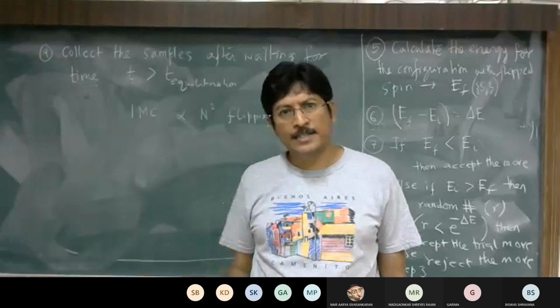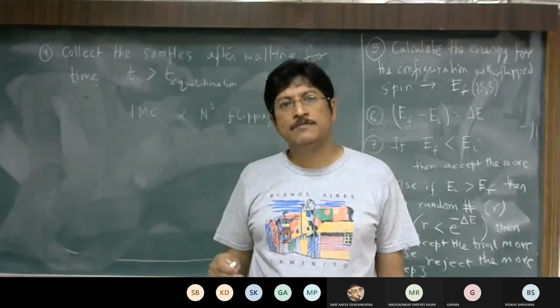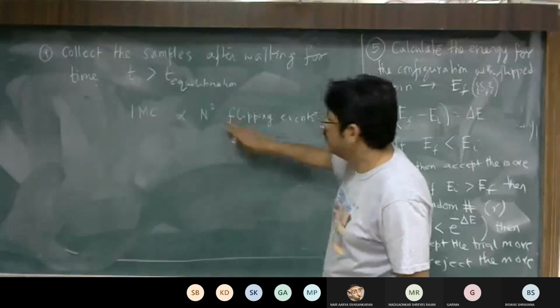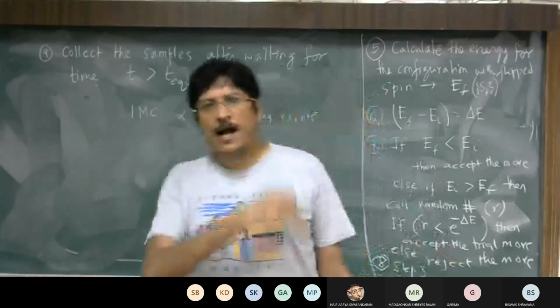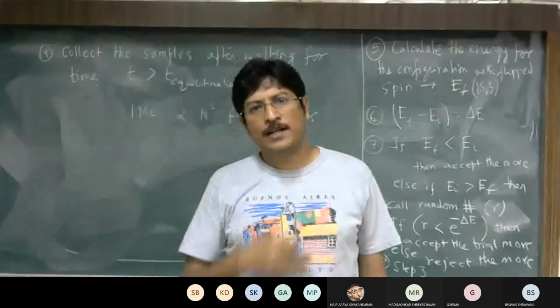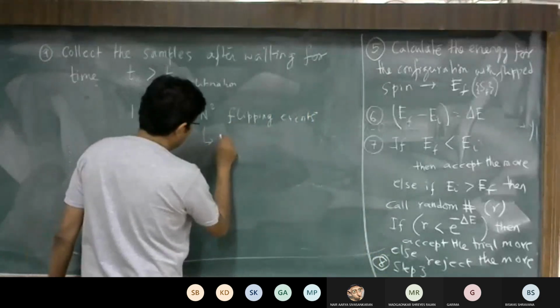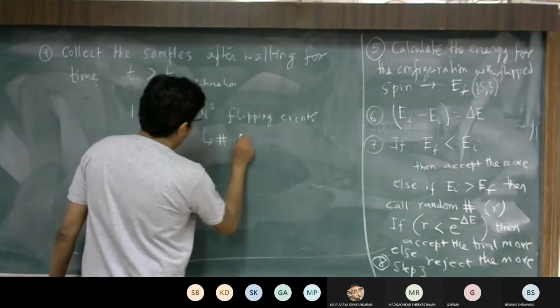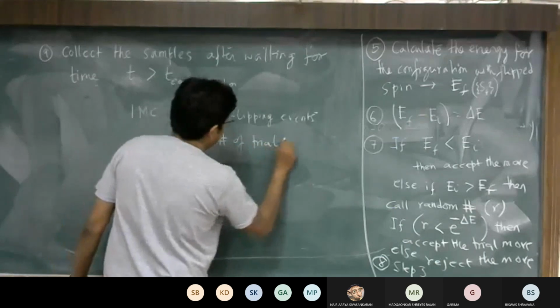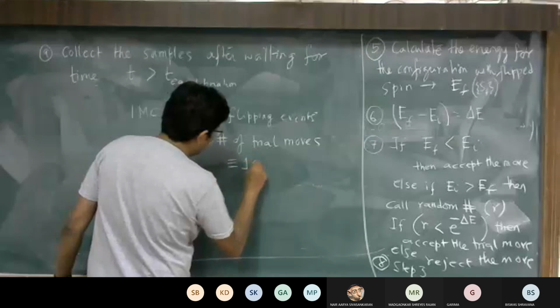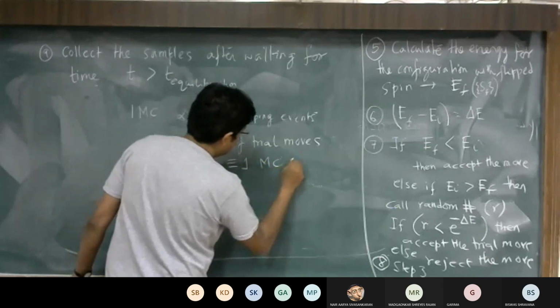Because your lattice size is N cross N, if I had called the random number or done the trial move N squared number of times, on average I would be updating every lattice site once. So this many trial moves is equivalent, in our language, to 1 Monte Carlo time step.